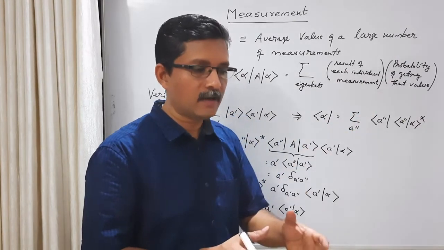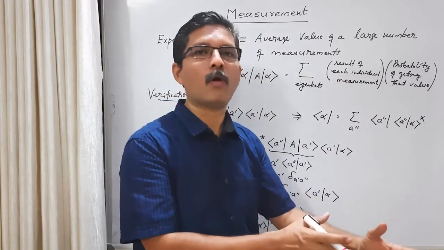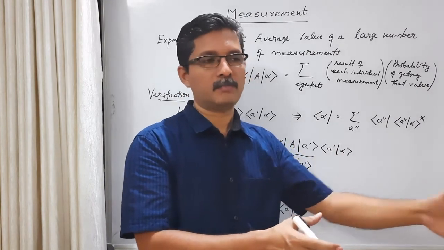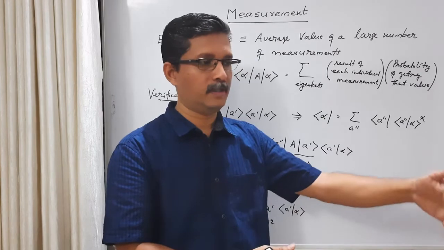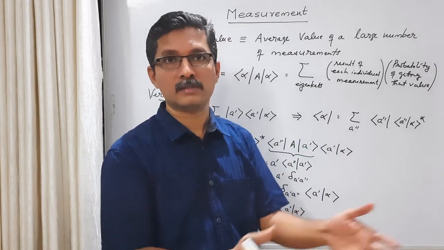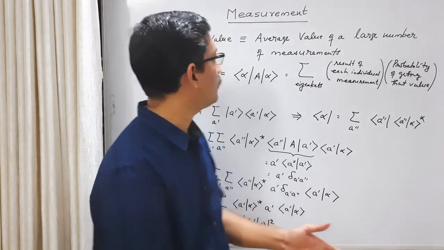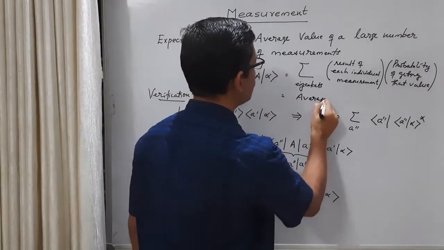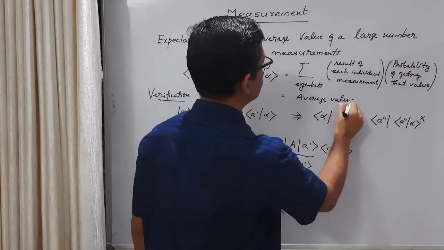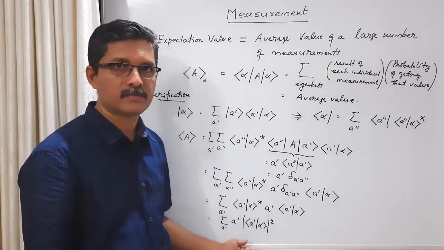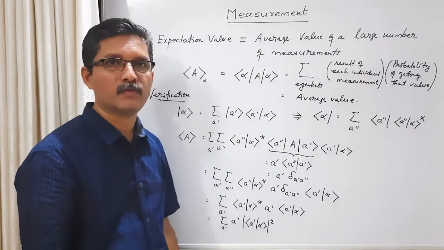So each eigenvalue times probability of getting that value, plus eigenvalue times probability of getting that value. Something like A1 P1, A2 P2, A3 P3, etc. That is nothing but the average of all these measurements. So this is nothing but the average value. This is like a weighted average of eigenvalues, or the average of a large number of measurements.